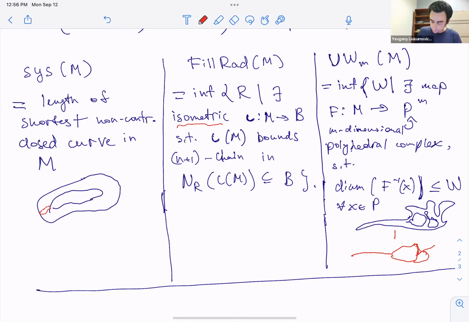Maybe somehow like that. And the fibers have small diameter. So if this n-dimensional Urysohn width is small, then from very far away, our manifold will look like an n-dimensional object.